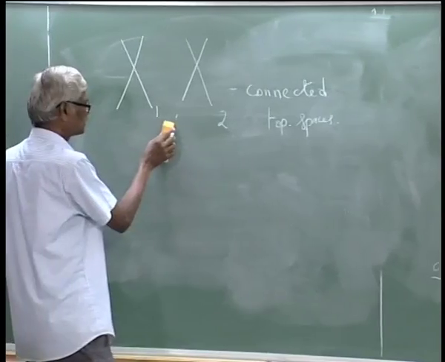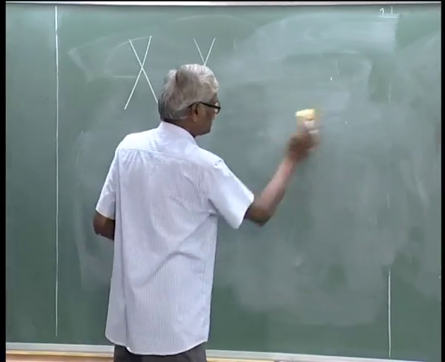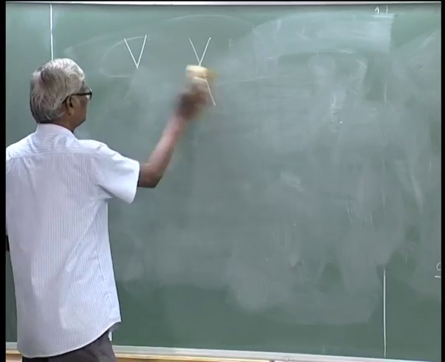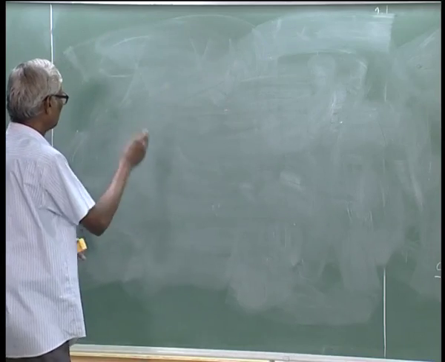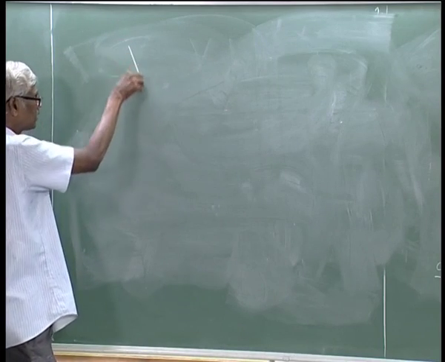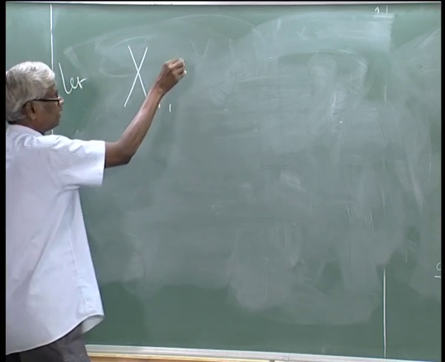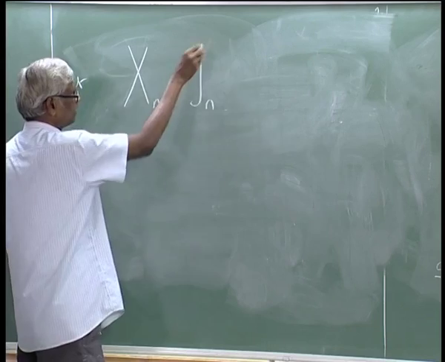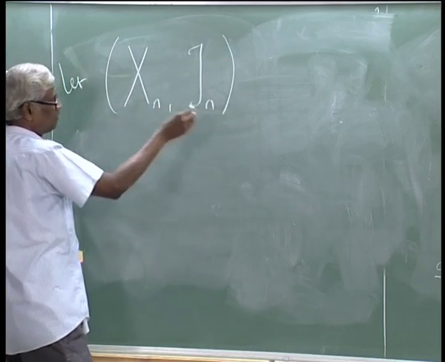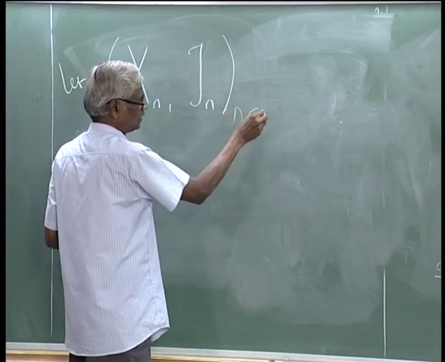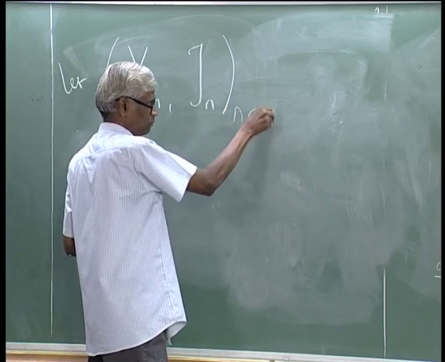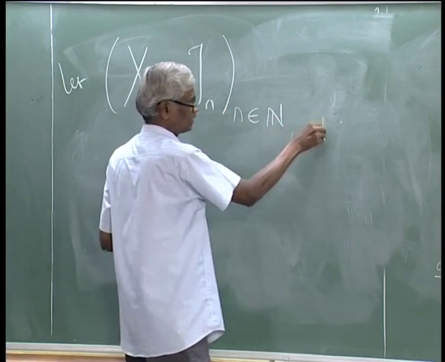Now, in place of a finite collection, let us first consider X_n with topology tau_n, n belonging to the set of natural numbers.